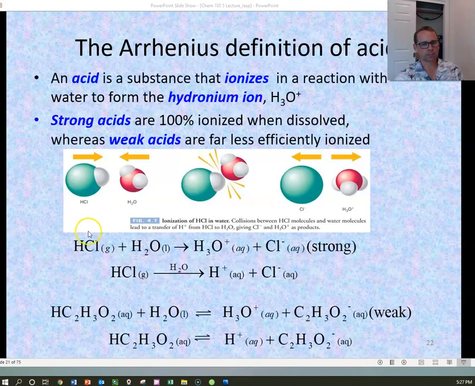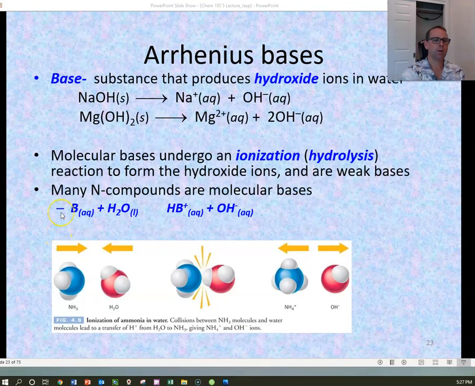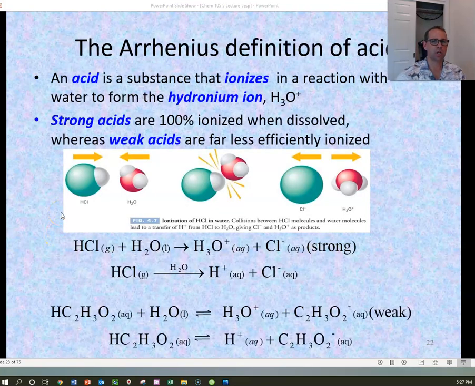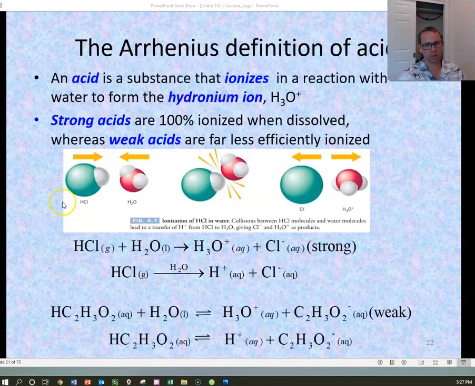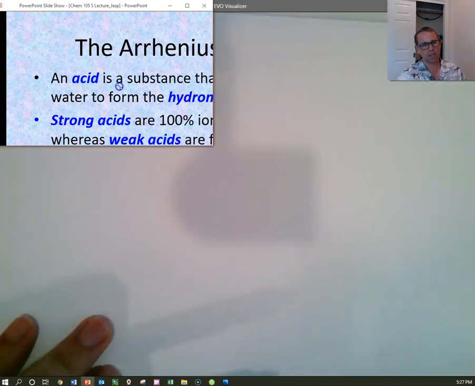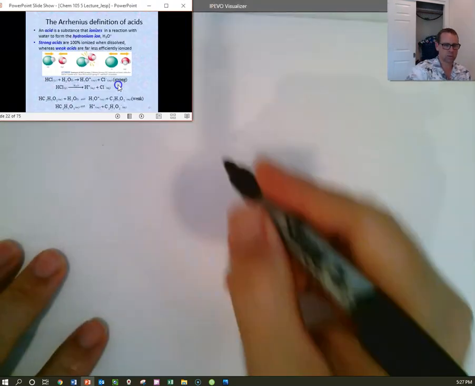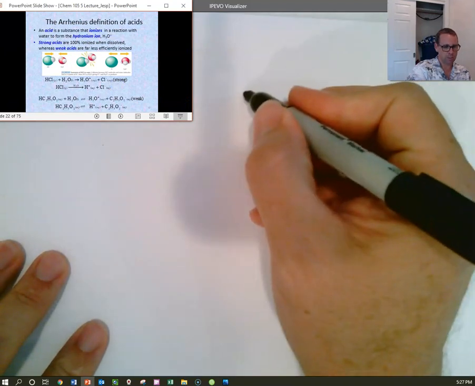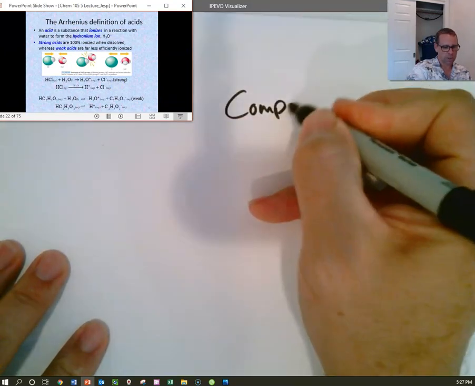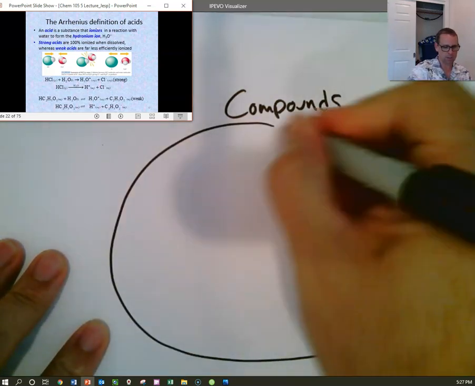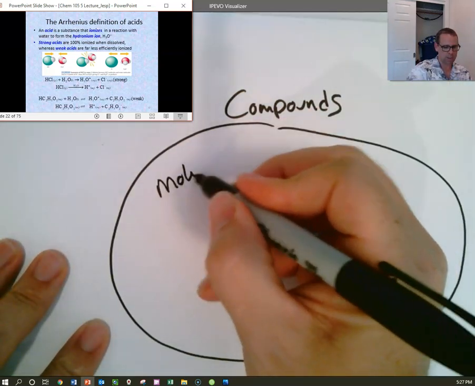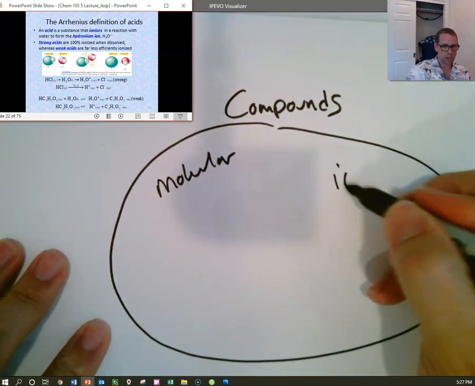Now we're going to introduce a new class of chemical. And this class of chemical comes from the molecular compounds. So remember, initially we said all of our compounds can be categorized into molecular or ionic.